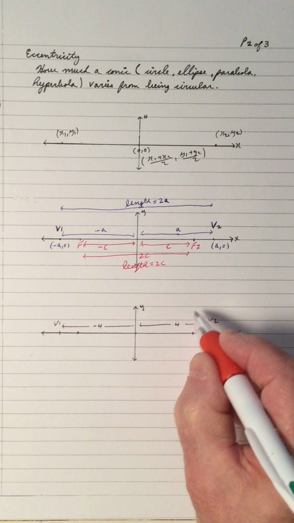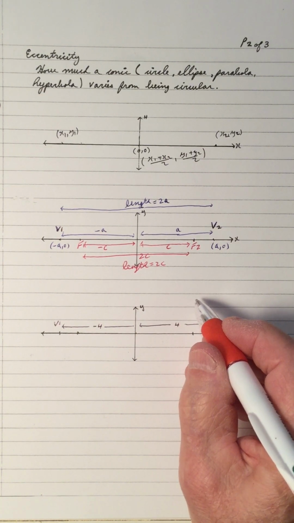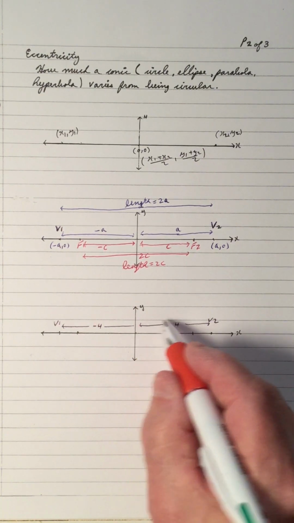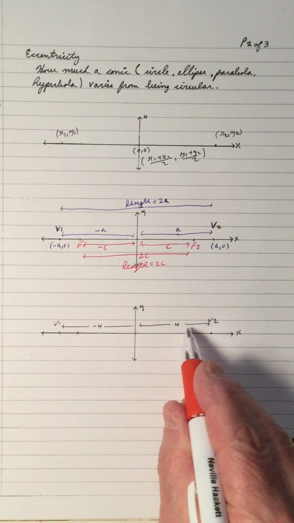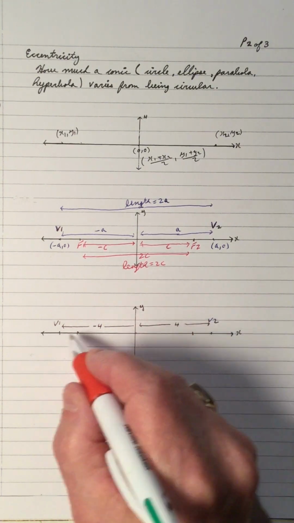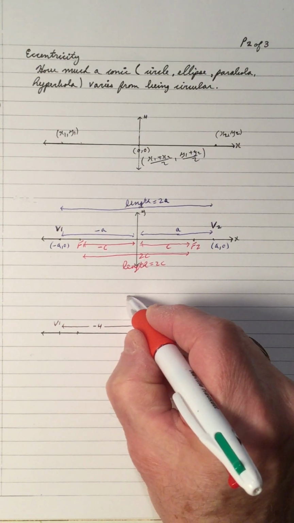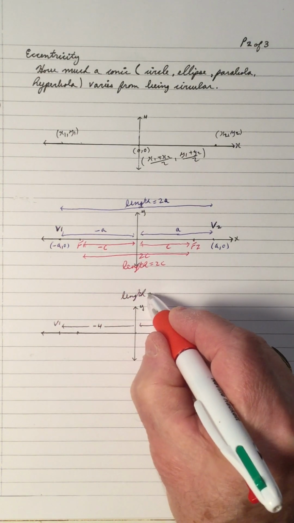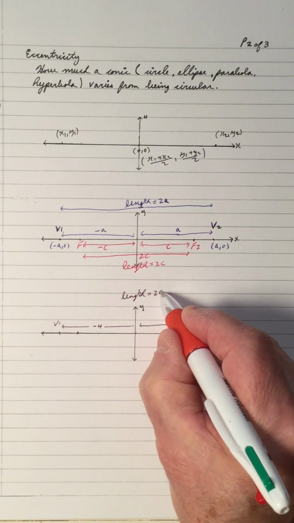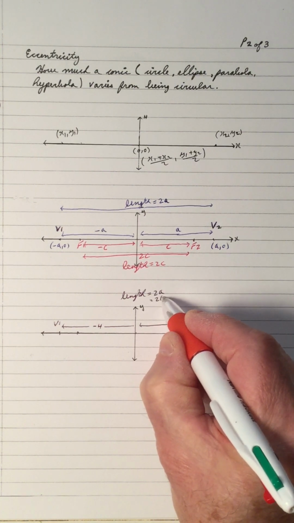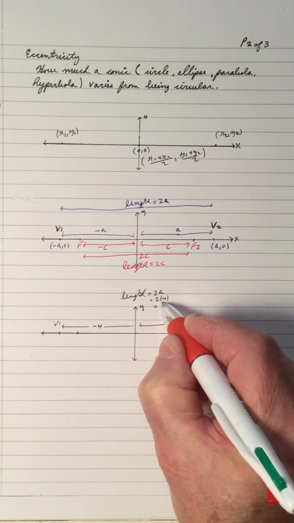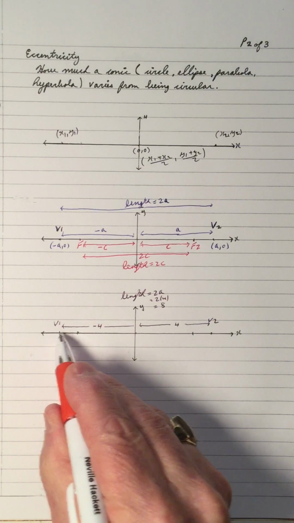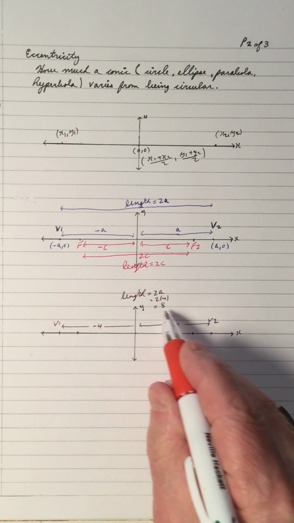So the length between the vertices is 2 times A, so that's 2 times 4, and the length of that segment from one vertex to the other is 8.